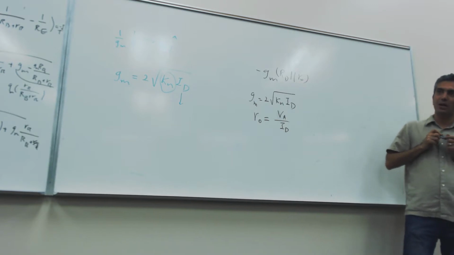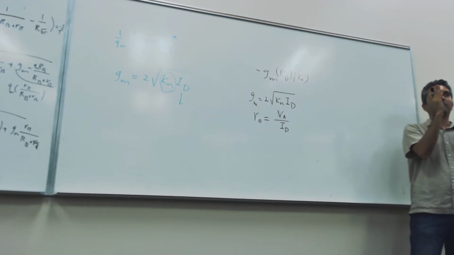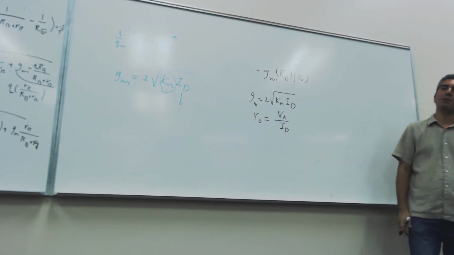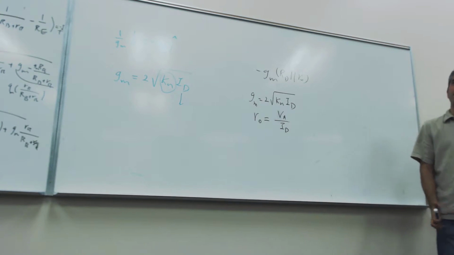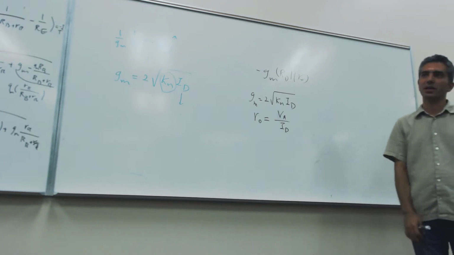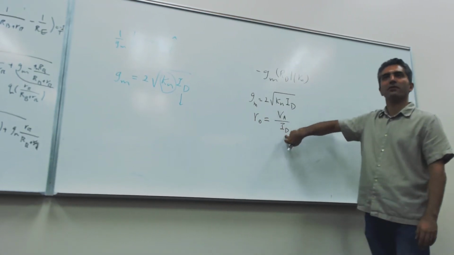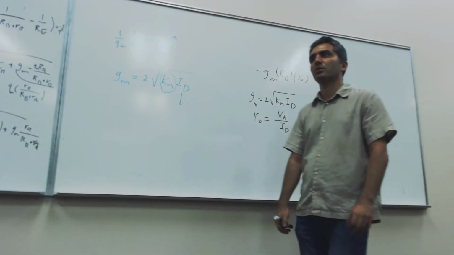And as it turns out, the best gain is for a relatively small amount of current that you pass. Depending on the technology, but it's not like you pass more current and you get larger gain. It's because R naught is inversely proportional to current.